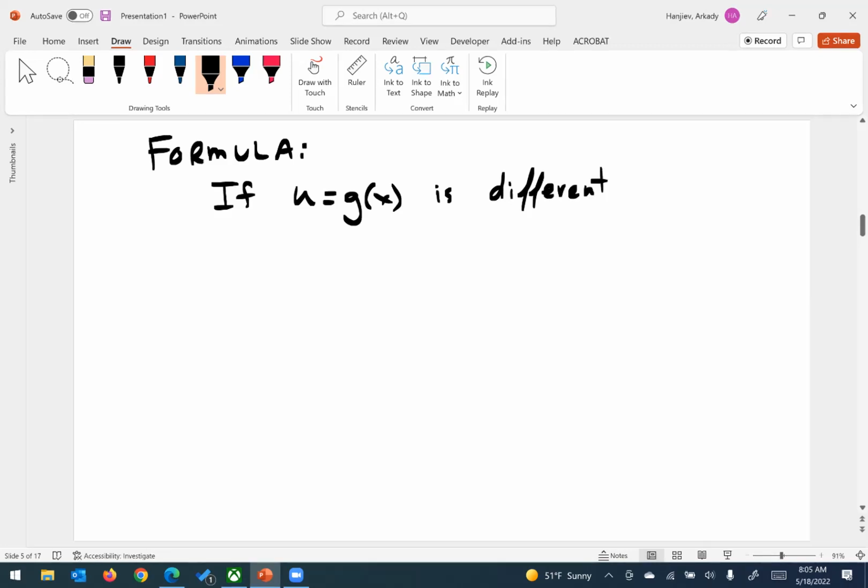So this function has to be differentiable on an interval I.